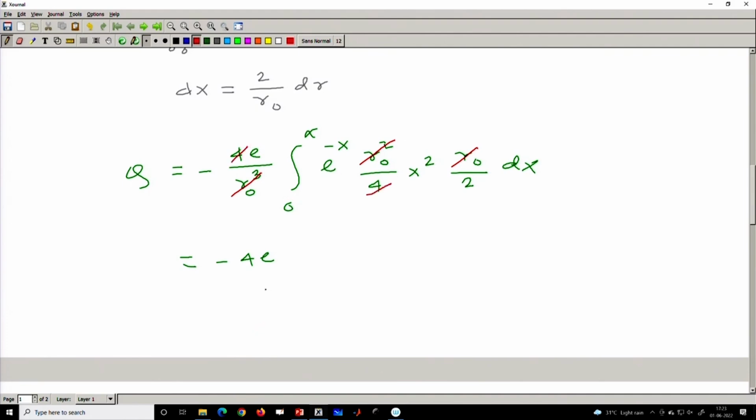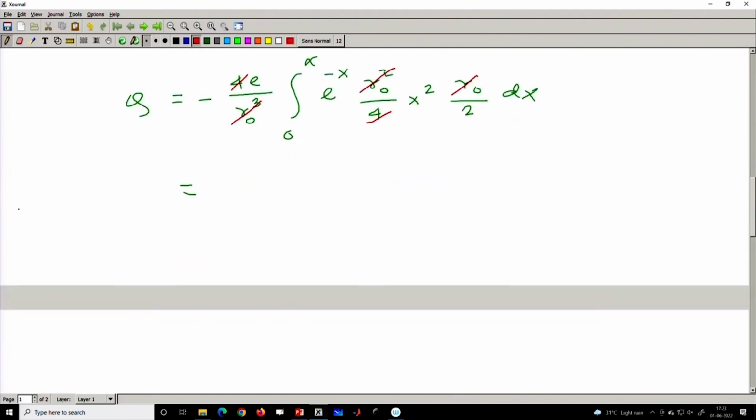So we simply have minus e divided by 2 outside, times the integration from 0 to infinity of e to the power minus x, x square dx. This is a very special kind of integral called the gamma function.